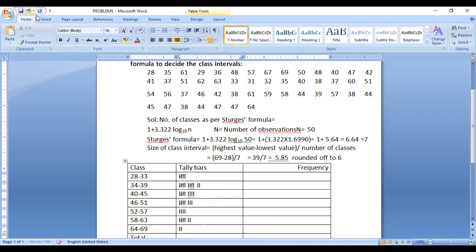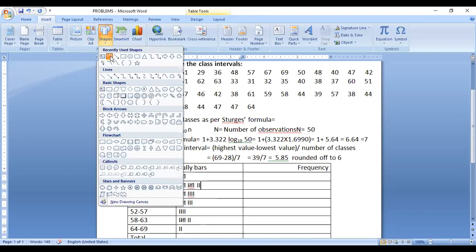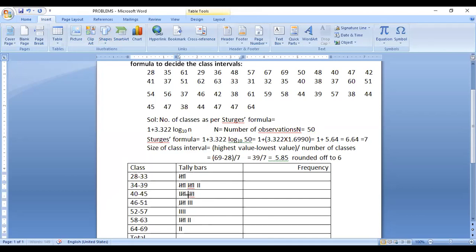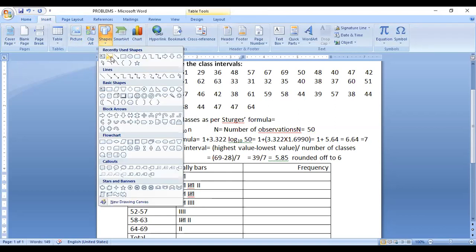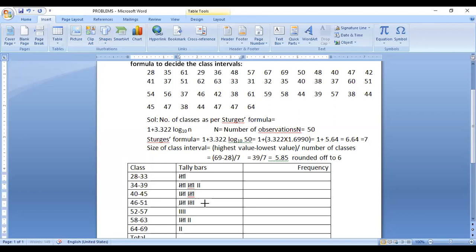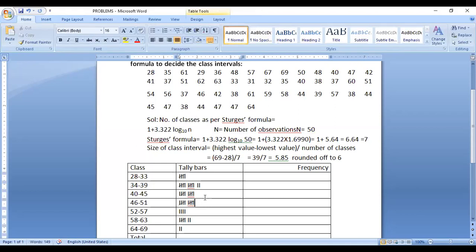Again 4 have been completed. 47, 47. Another 4 have been completed. And then 64. So like this our data will appear, our table will appear.